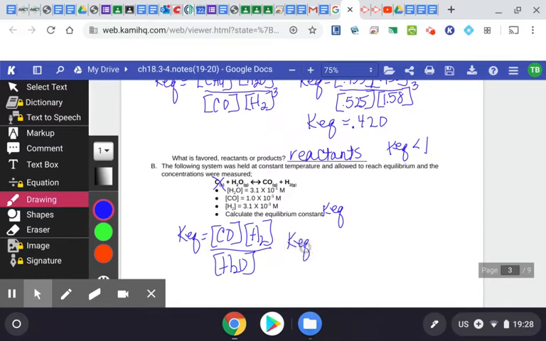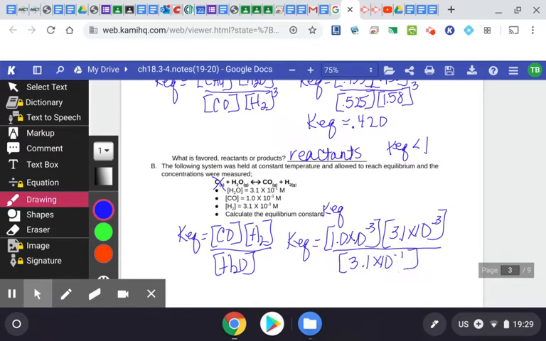So then I'm going to plug in what I know. I know the concentration of carbon monoxide is 1.0 times 10 to the negative third. I know the concentration of hydrogen is 3.1 times 10 to the negative third. And I know the concentration of water is 3.1 times 10 to the negative first.